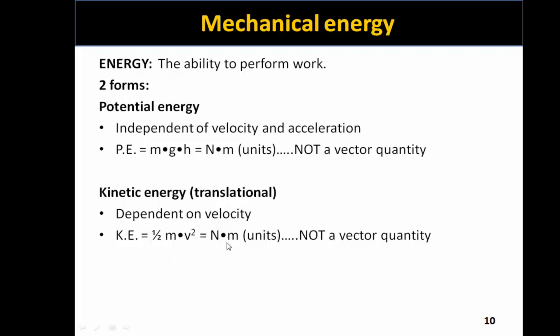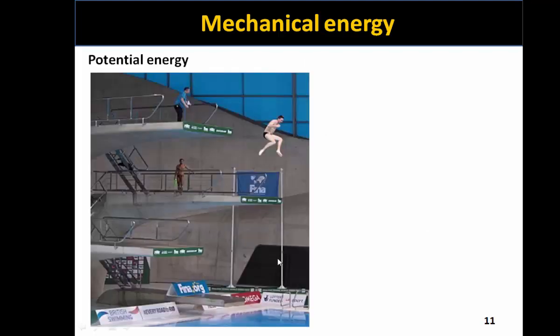Once again, we're dealing with Newton meter units. So even though we're talking about the energy of motion, kinetic, versus the energy of position, potential, we're talking about energy in both cases, so the units are identical. And to make a note here, 1 Newton meter of energy is equal to 1 joule.